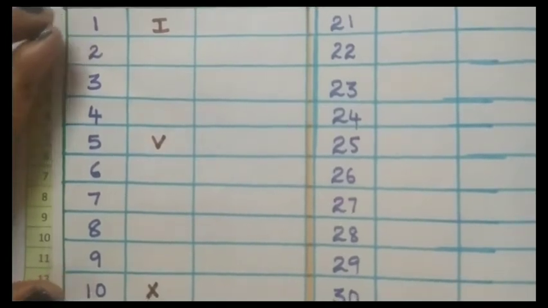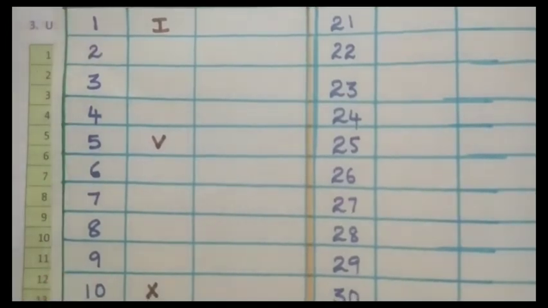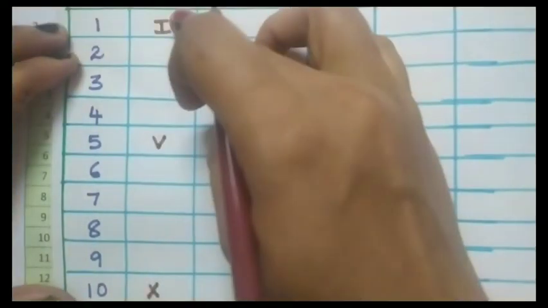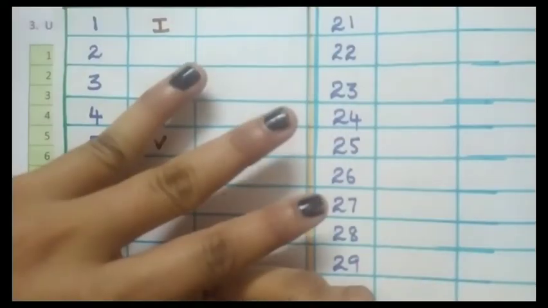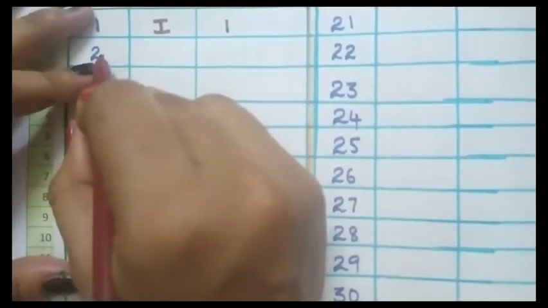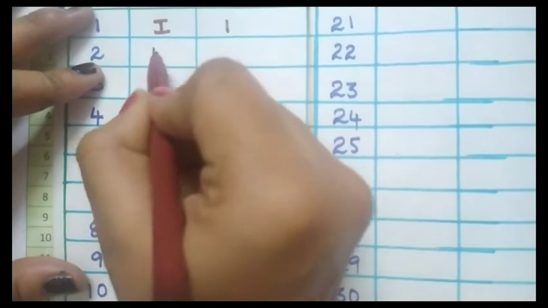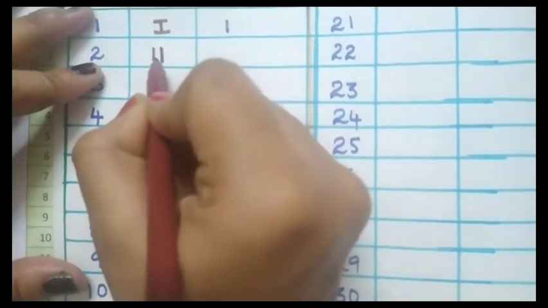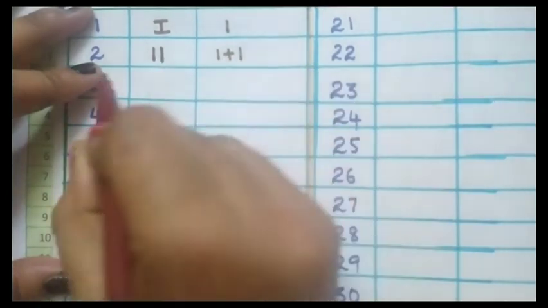The first rule is the rule of repeating. We can repeat I and X only 3 times. So for 1 we write I. For 2 we repeat I two times, 1 plus 1 is 2.